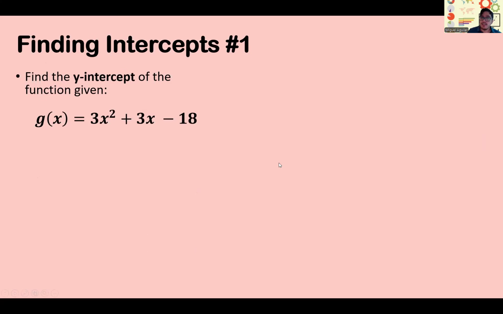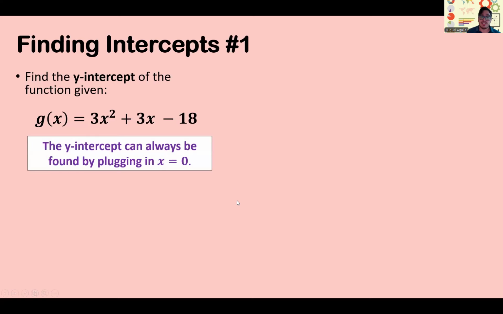So first, and this is super important, I think, the y-intercept is always going to be the easiest thing to find, okay? Because by definition, all y-intercepts have an x value of 0. So all I need to do is plug in 0 wherever I see an x in my equation. Now this equation happens to be in standard form, but even if it was in vertex form, all I'm going to do is plug in 0 for x and then evaluate that in my calculator, okay?